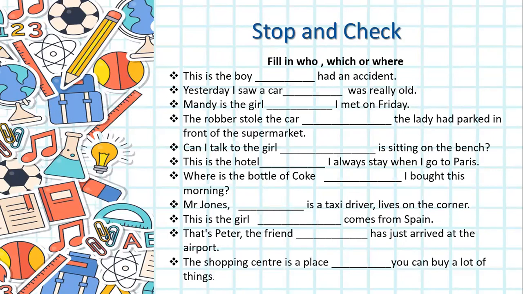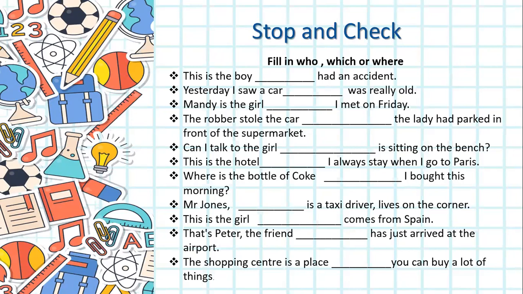Mandy is the girl whom I met on Friday. So next one, the robber stole the car. Which? Yes, which, because we are talking about the car. The robber stole the car which the lady had parked in front of the supermarket. So next one.